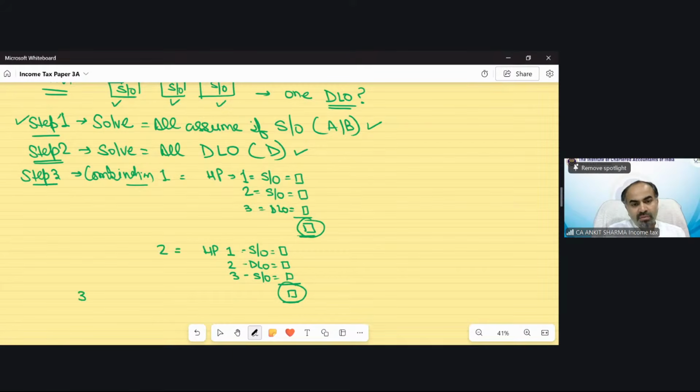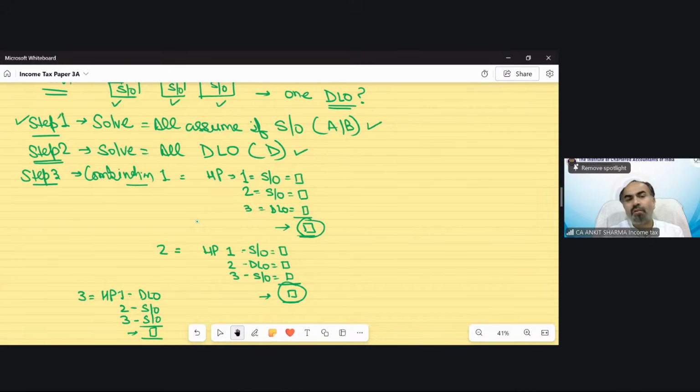Now combination 3: house property 1 value I consider as deemed let out, and house 2 and house 3 values are considered as self-occupied. This would be my third combination. Out of these 3 combinations, the lowest value or the highest loss case would be the correct answer to identify which house we should consider as deemed let out and which as self-occupied. So the calculations will increase, but no new concept.